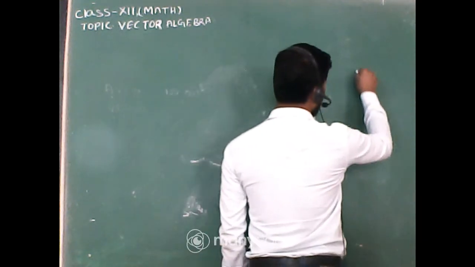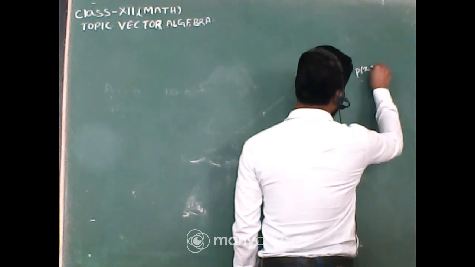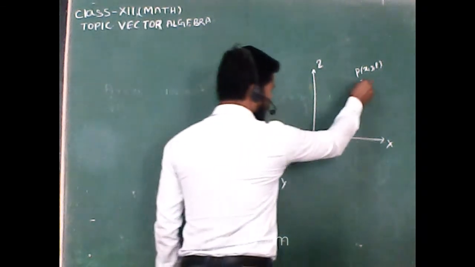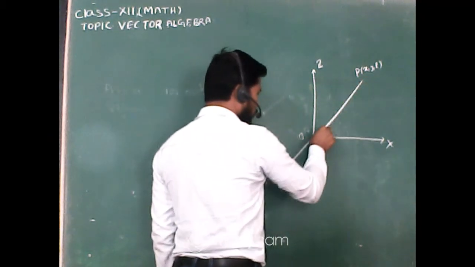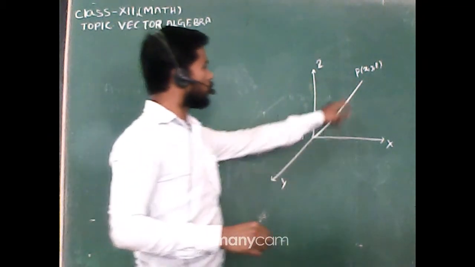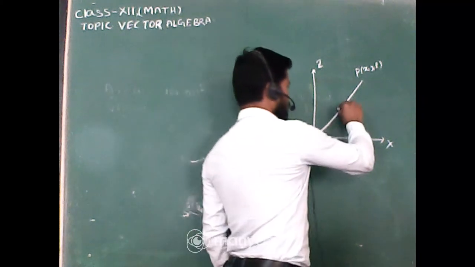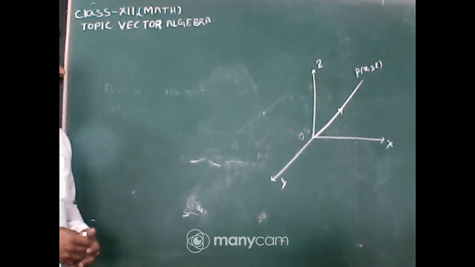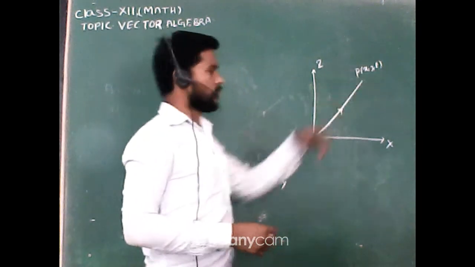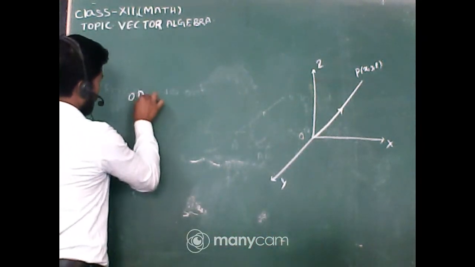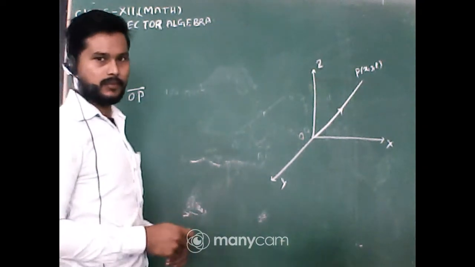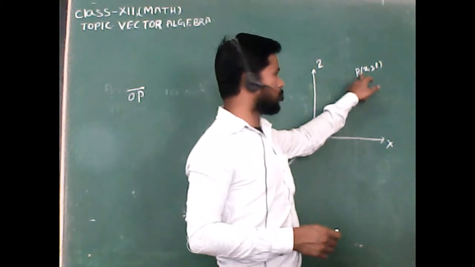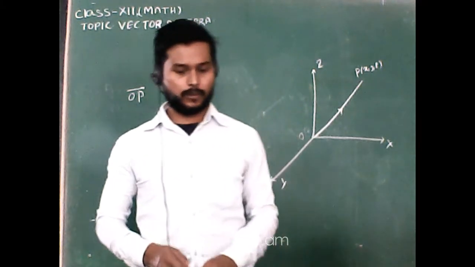Let P be any point whose coordinates are x, y, z. Join the initial point O to the point P. This vector OP is called the position vector of the point P, whose initial point is the origin O and the terminal point is P, whose coordinates are x, y, z.